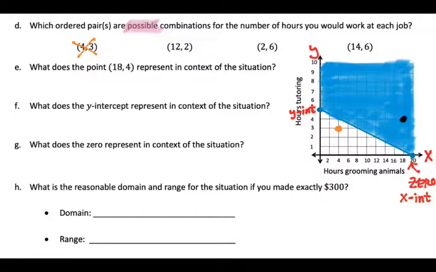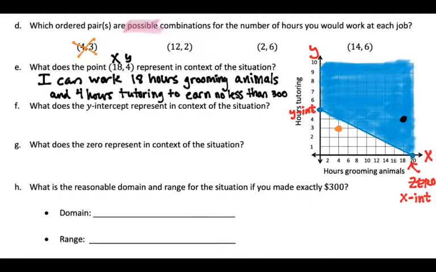Since 18 is my X value and 4 is my Y value, that tells me I can work 18 hours grooming animals, so that's my X, and 4 hours tutoring to earn no less than $300. So let's go ahead and put the dollar sign there, since we're talking about money.